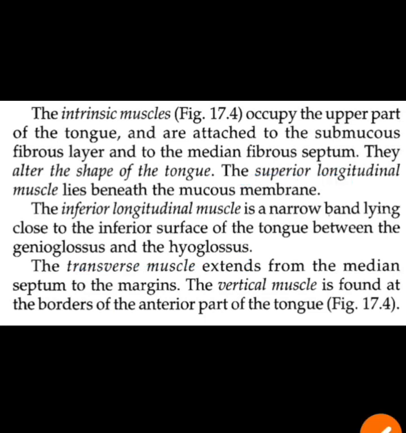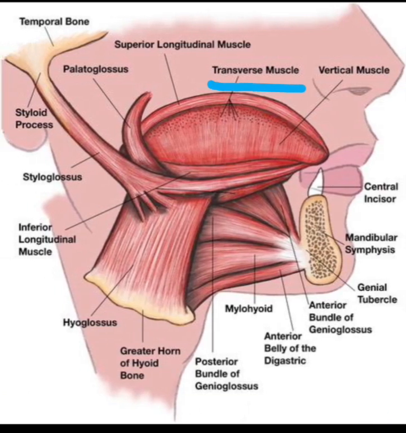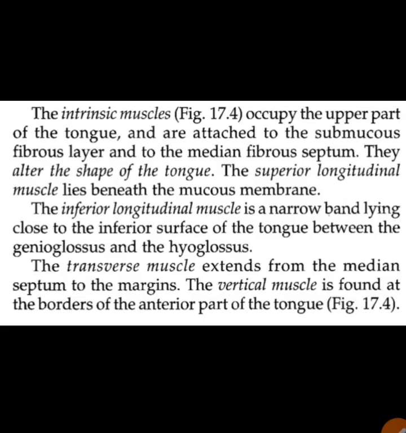It extends from the median septum to the margin. You can see this transverse muscle. And the last muscle is the vertical muscle. It is found at the border of the anterior part of the tongue. So we have seen all the 4 muscles with the help of the diagram.